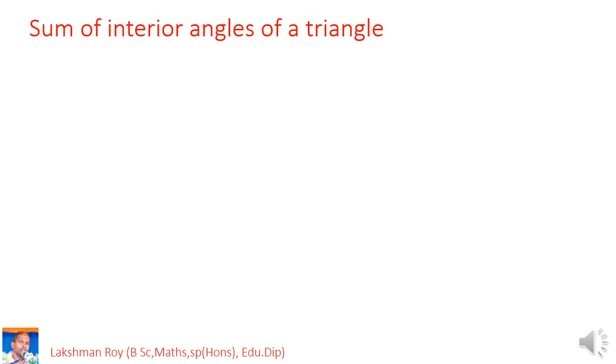Now students, we are going to find the sum of the interior angles of a triangle. How many interior angles does a triangle have, students? There are three interior angles.